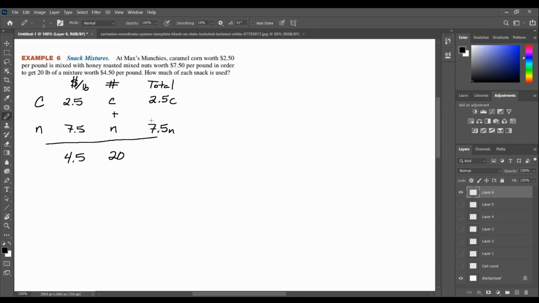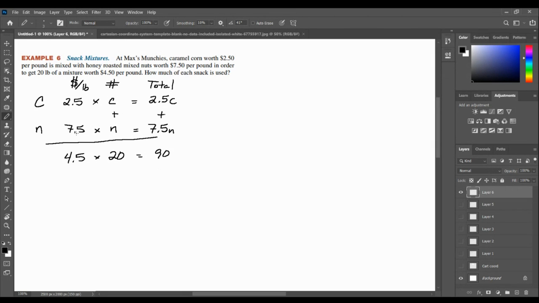So this one, just like we did, 2.5 times C equals that. 7.5 times N equals that. So 4.5 times 20 is, what do we have, 90? 4.5 times 20. So we've got a couple of equations here.